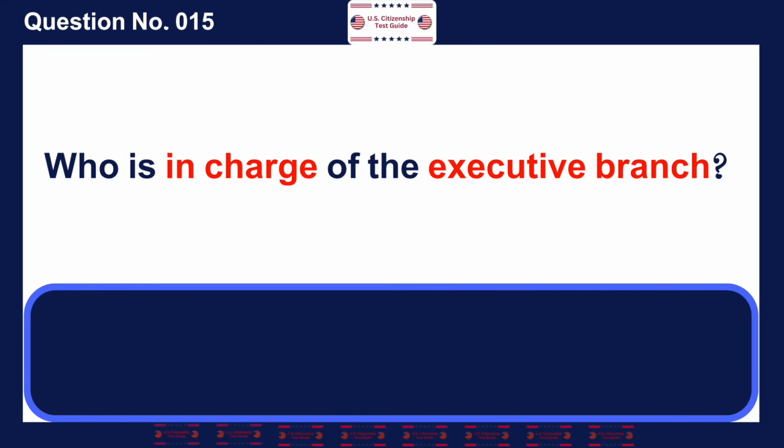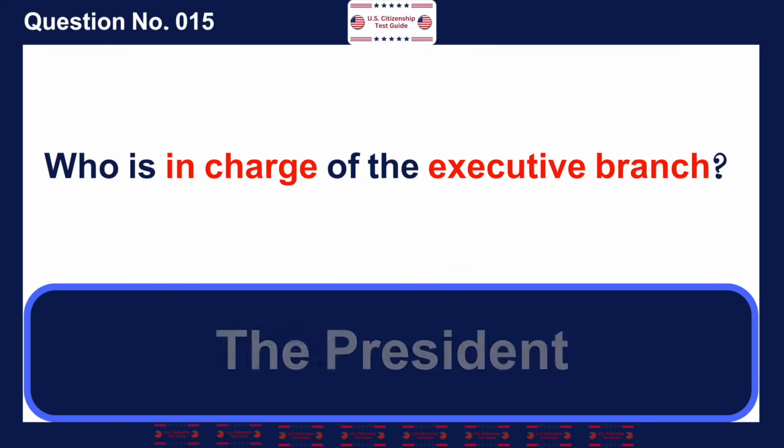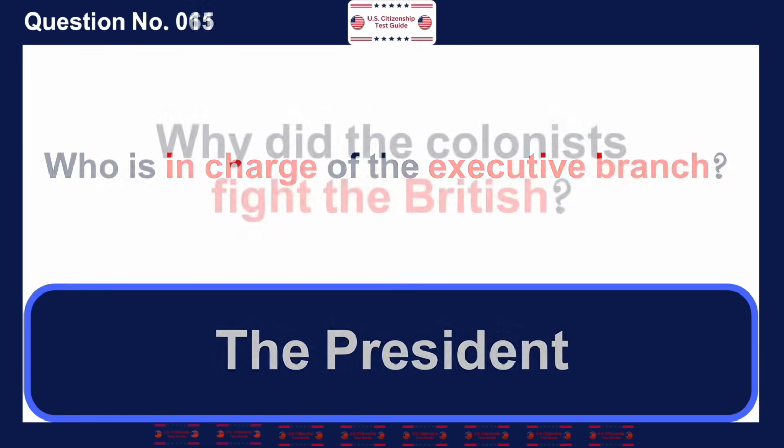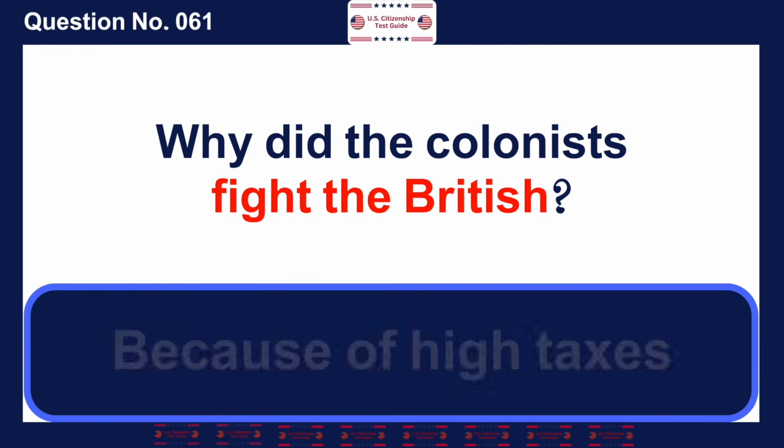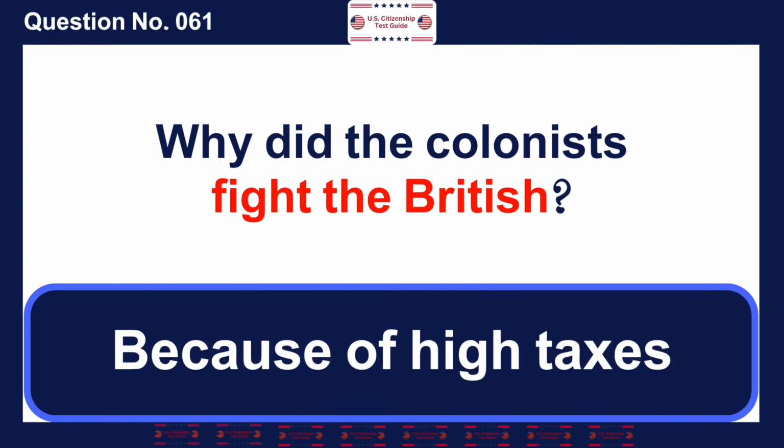Who is in charge of the executive branch? The President. Why did the colonists fight the British? Because of high taxes.